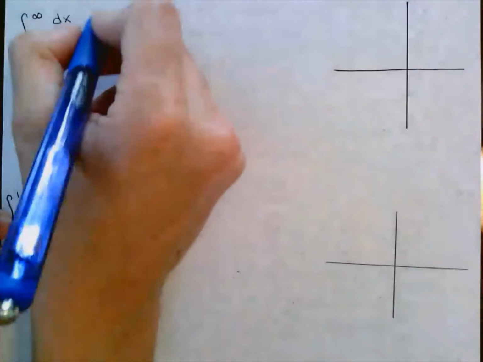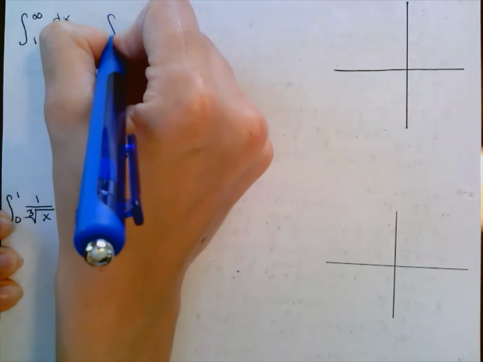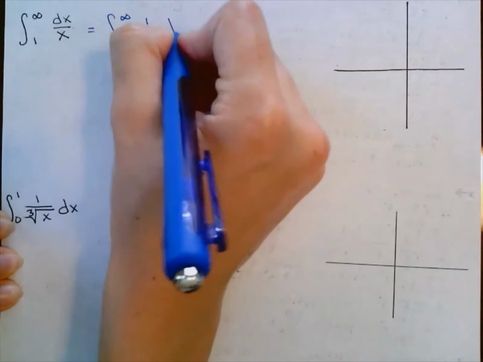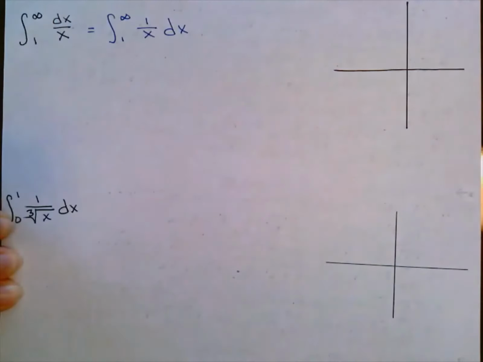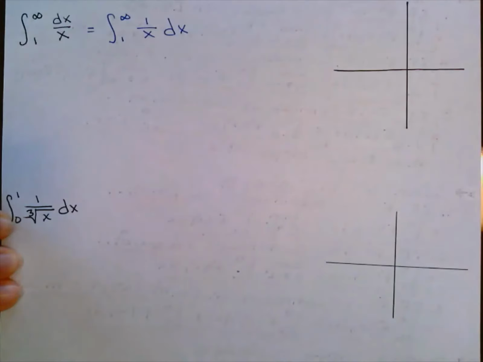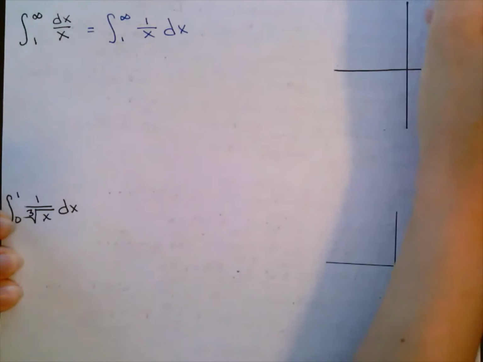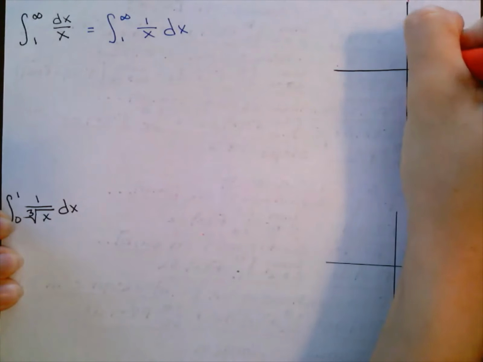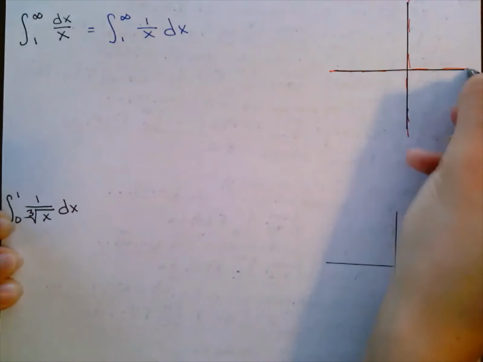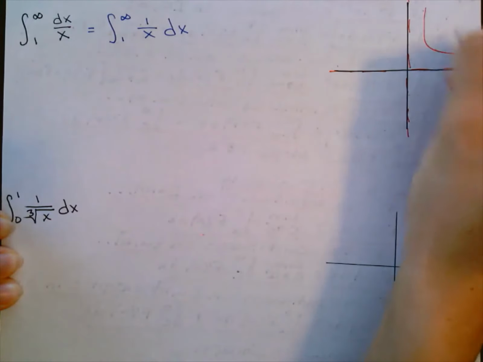This is, if you would like to rewrite this, 1 to infinity, 1 over x dx. If you don't like the dx in your question, write it on the outside and you can see your function a little better. So 1 over x, I have my asymptotes at my zeros. My elbows are in opposite corners.